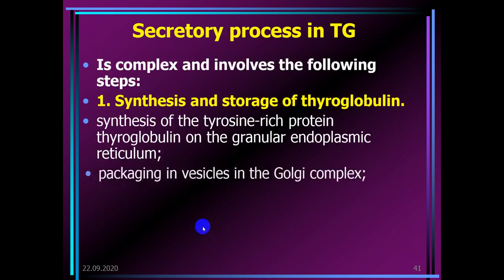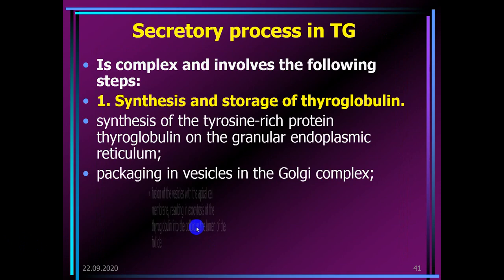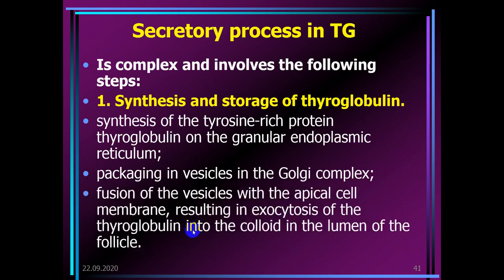Very interesting secretory cycle is in thyrocytes. It involves the following steps. First, synthesis and storage of thyroglobulin. This protein is synthesized on the base of the tyrosine-rich protein, which is produced in the granular endoplasmic reticulum.